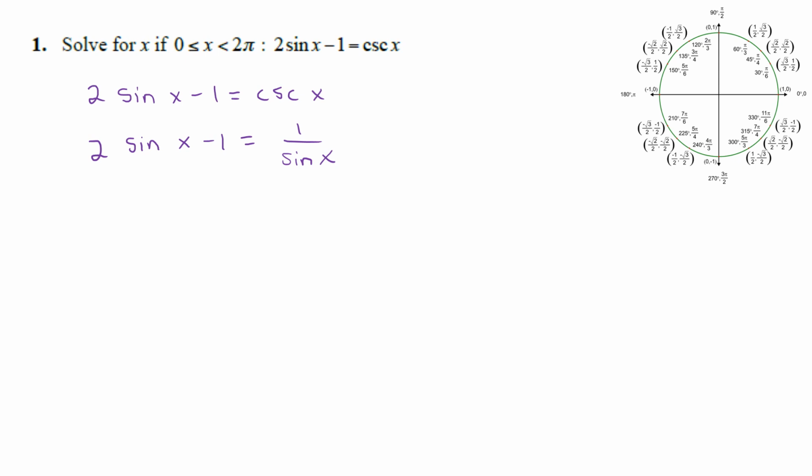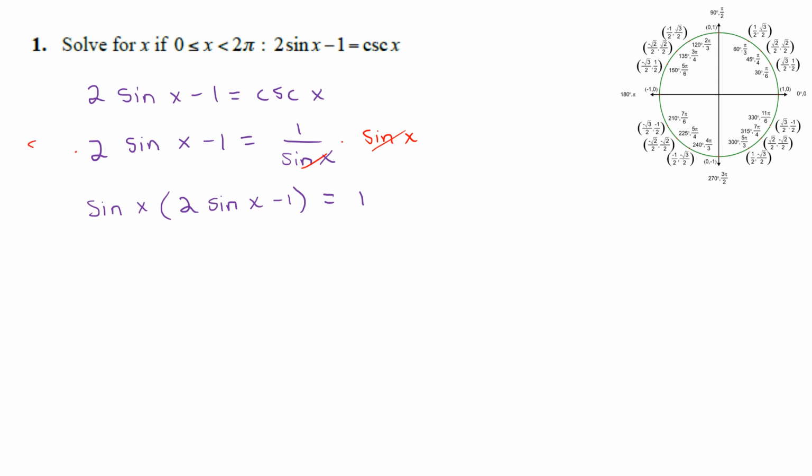Now, let's get our sine x in the denominator into the numerator. To do that, I can multiply both sides by sine x. When I multiply the right-hand side by sine x, I cancel the sine x on the right-hand side.